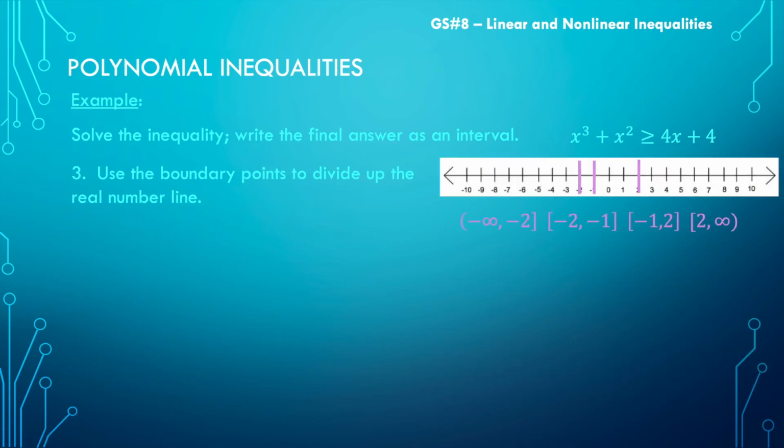All right, so now let's choose some test points. We need to choose 4 test points this time. Anything you want in between -infinity and -2. And just for simplicity's sake, I'm still going to use -5. Between -2 and -1, you're going to have to choose something that's in between there.